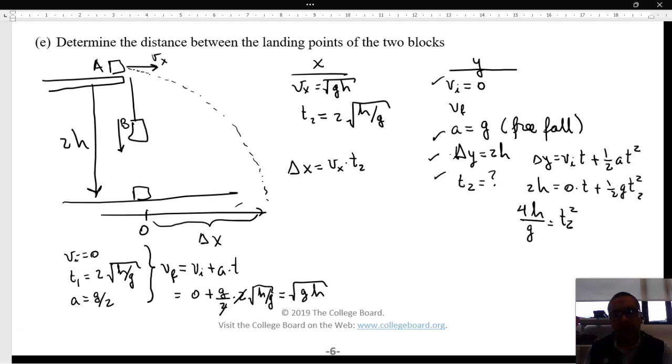Now, once we have this time, your displacement is going to be the x velocity, square root of gh, times the time, which is 2 square root of h over g.